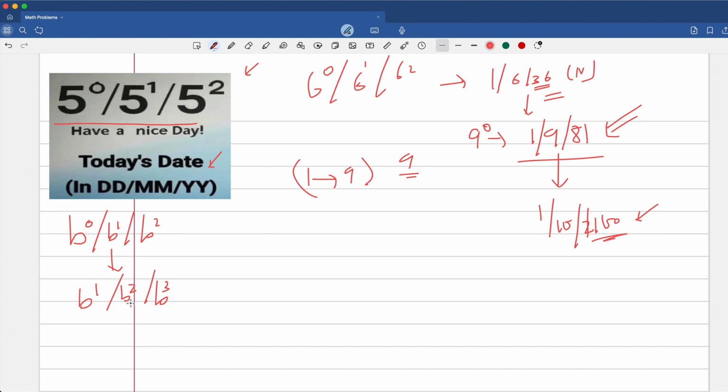So in that case, what happens? So now you know that b squared is going to be the defining constraint, which means the month has to be between 1 and 12. And what are the bases for which the square value stays here? So as you can see, if the base is 2, then b squared is 4, which works. If the base is 3, b squared is 9, which works.